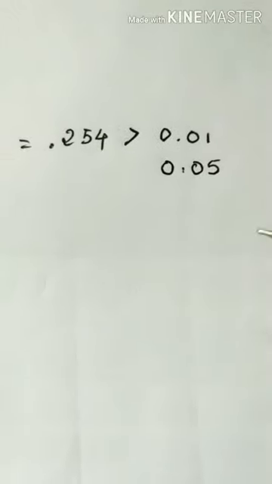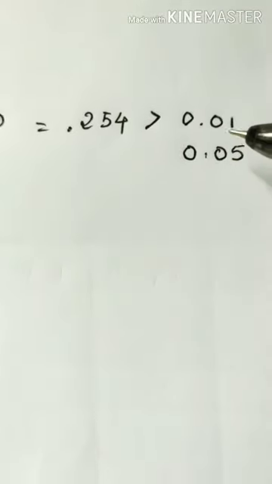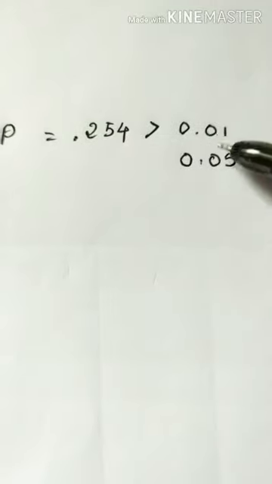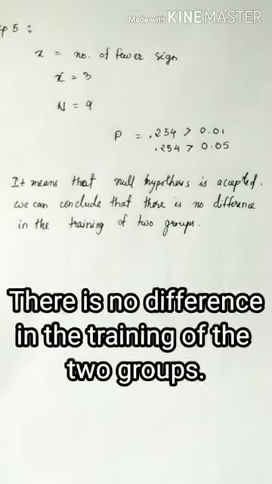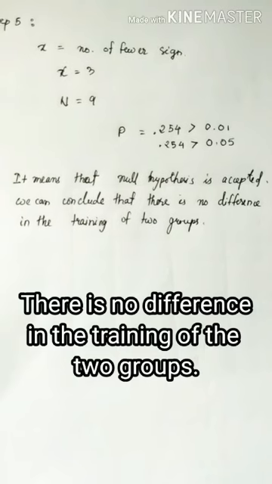And as I have already said, if the value of p is greater than both these values, then the null hypothesis will be accepted. If it was smaller than these values, then the null hypothesis would have been rejected. And since the p-value is greater than both values, it means that the null hypothesis is accepted, and we can conclude that there is no difference in the training of the two groups.